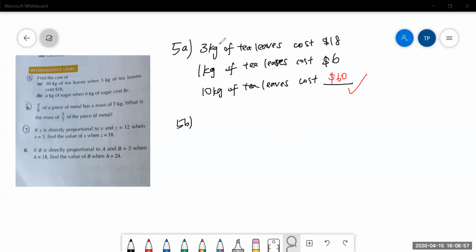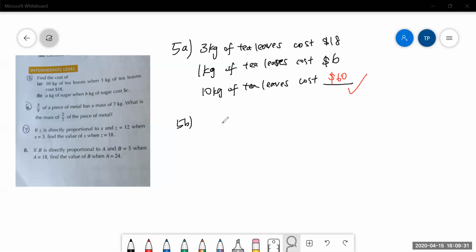5B. Okay. 5/9 of a piece of metal has a mass of, or rather, instead of doing that, we can just shorten it. No, that's not 5B, that's question 6. Oh, sorry.